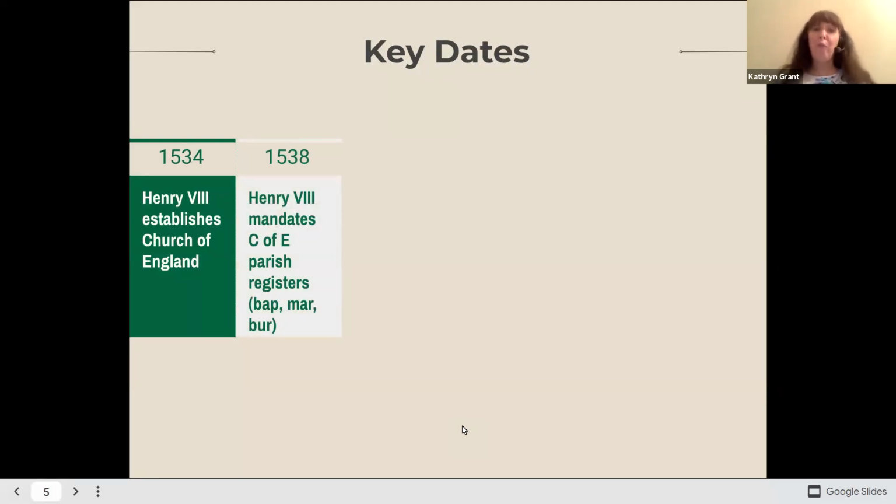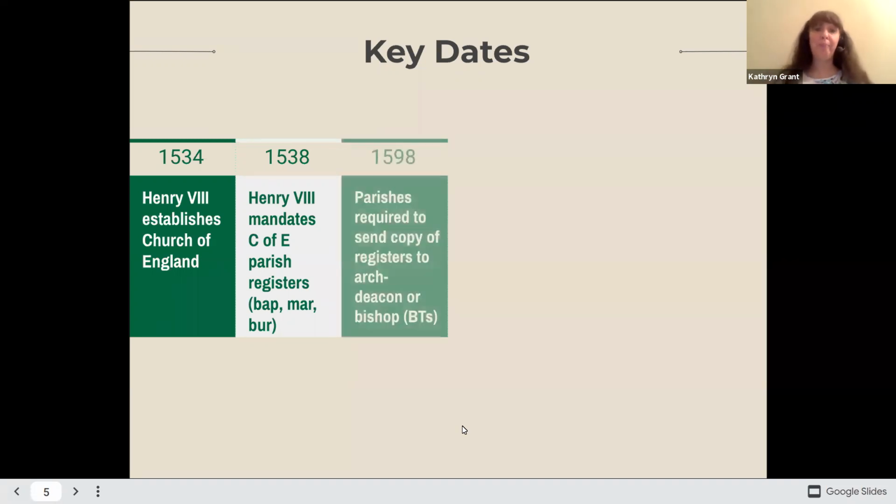About 4 years later, I can subtract, right? 34 to 38. About 4 years later, King Henry actually did a wonderful thing for family historians. And that is that he mandated that the Church of England keep records, parish registers of baptisms, marriages, and burials.